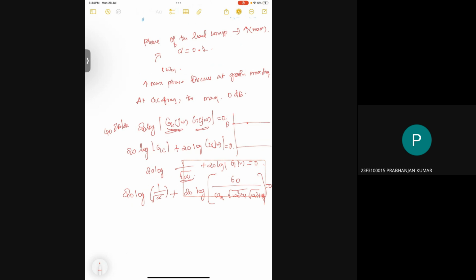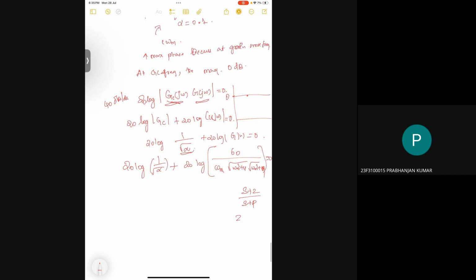I think alpha is in the numerator, correct? In the GC of s, alpha will be the numerator, and it will be like s plus ZC on the top, and s plus PC in the denominator. Do you have that expression for the compensator like this?